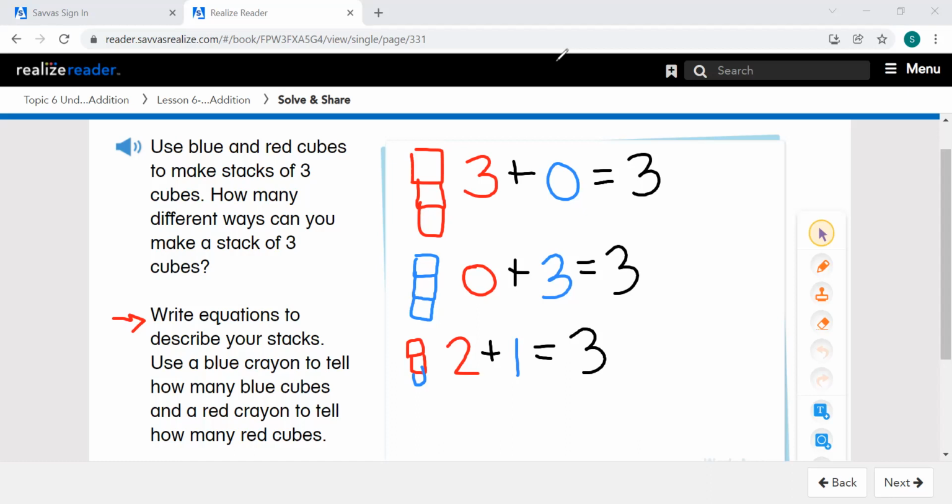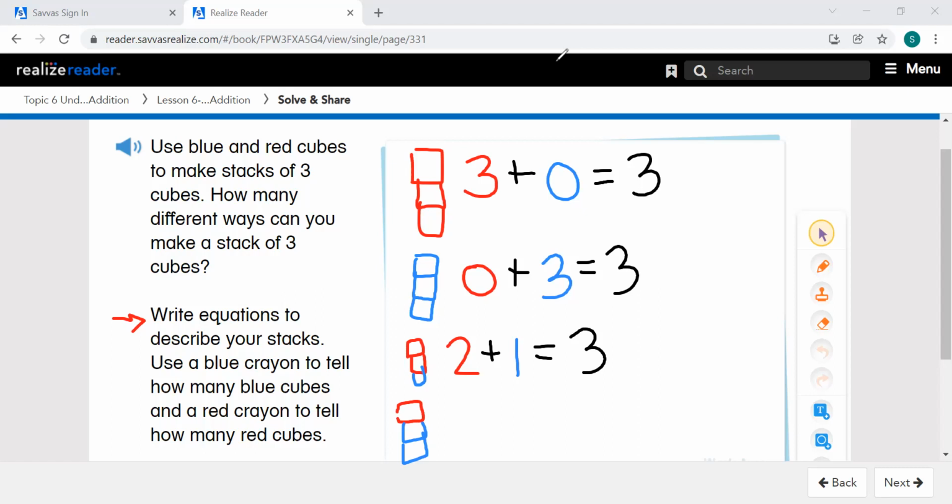So we're going to see one more way. What if I now add 1 red cube and 1, 2. If I add 2 blue cubes, that makes 3.